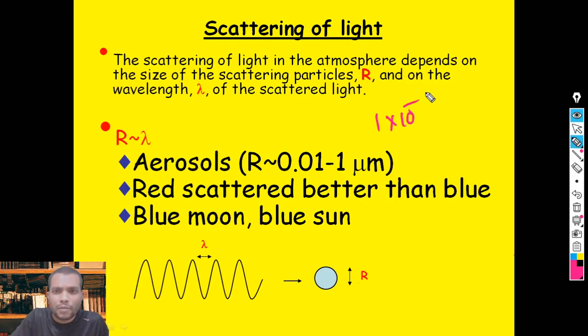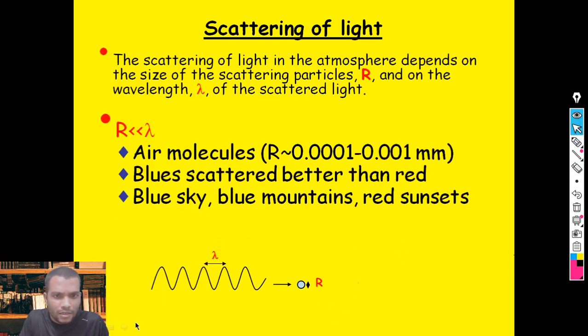Micro means 10 power minus 6 meter, 0.01. Here you can see the size of the particle compared to the wavelength of light. In this case, the wavelength of light scattered depends upon the size, so we can see only those particular colors.